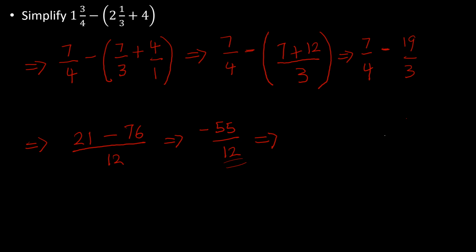Minus 55 divided by 12, we're going to have minus 4. That becomes a whole number. Okay? The remainder is what? The remainder is 7 over 12. And this is our final answer: minus 4 whole number, 7 over 12.